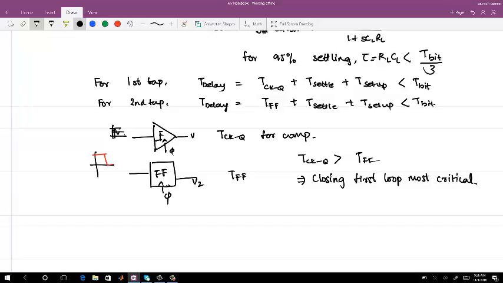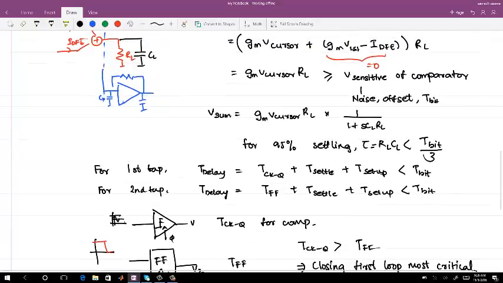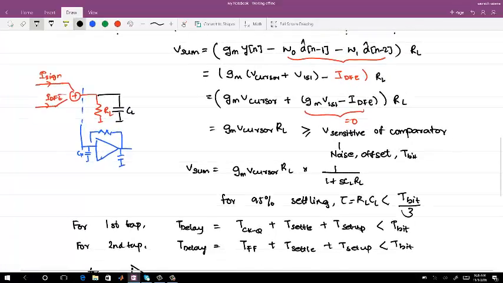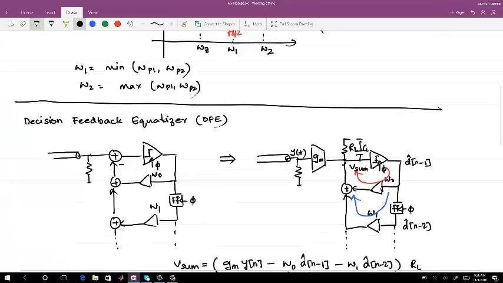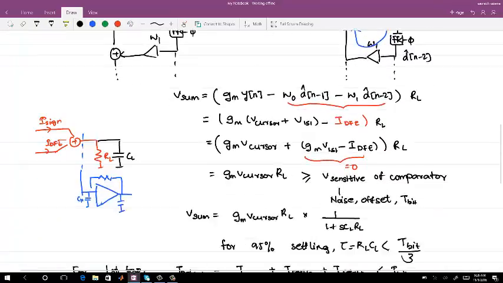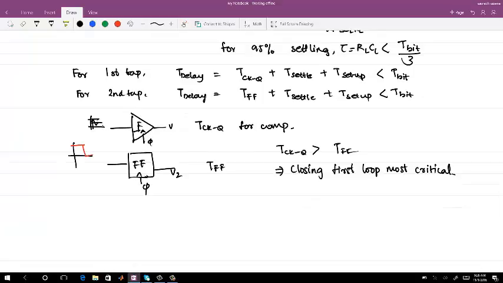Okay, so you see that this T clock to Q is greater than T flip-flop, and I want to reduce T clock to Q, but the whole aim is to get a certain delta V swing at the output, right? Which is the minimum required for the comparator.